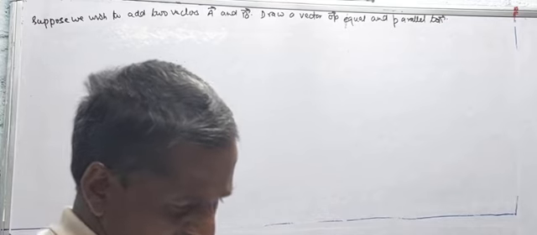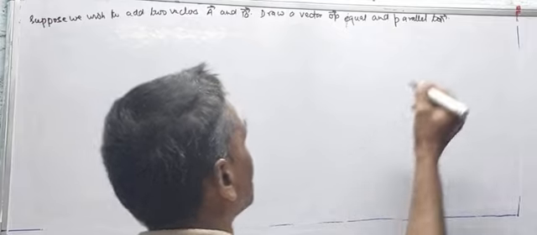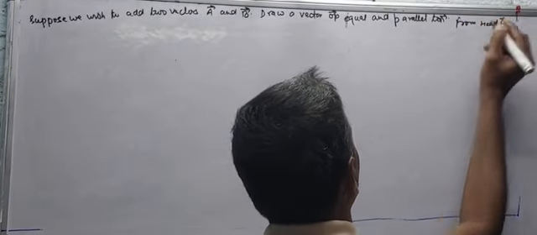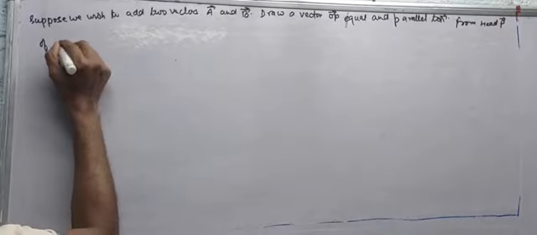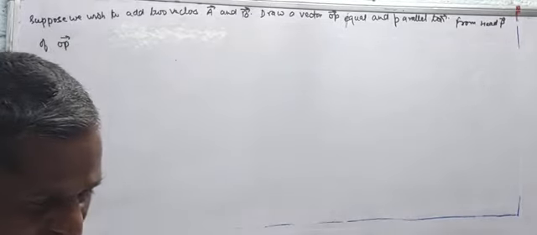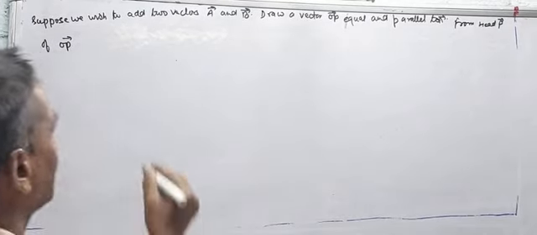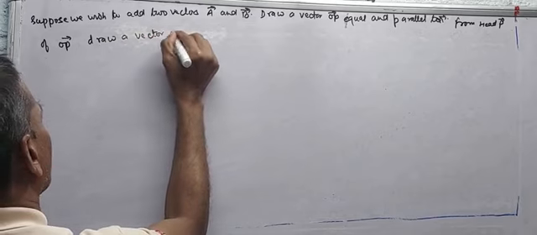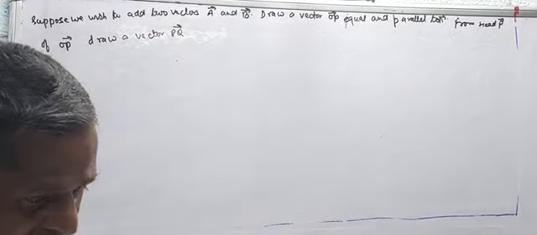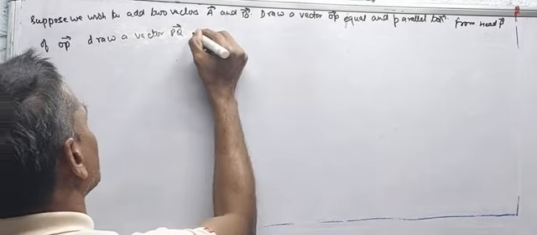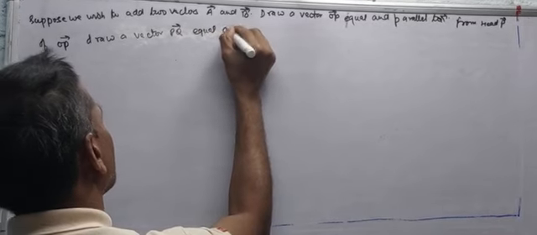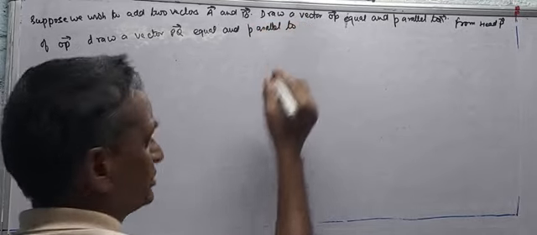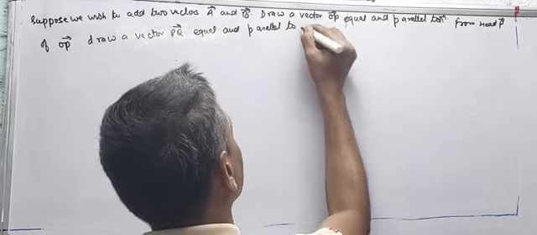From head P of OP vector, draw a vector PQ equal and parallel to B vector.